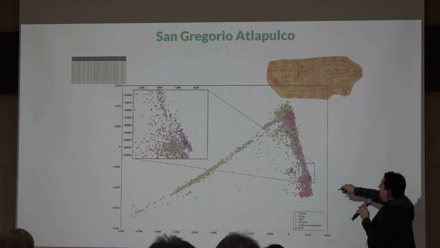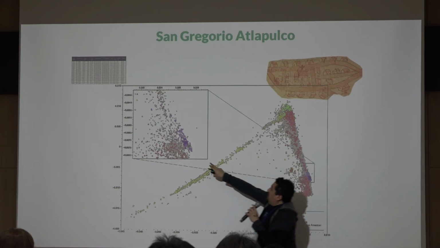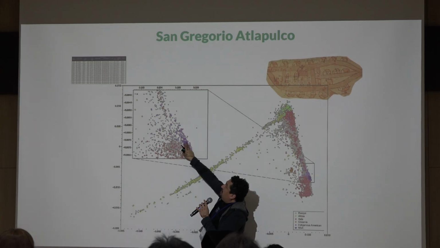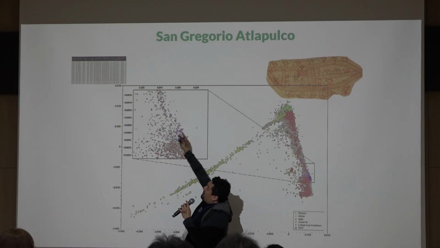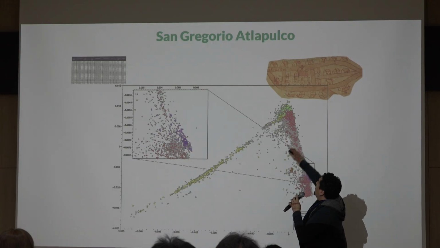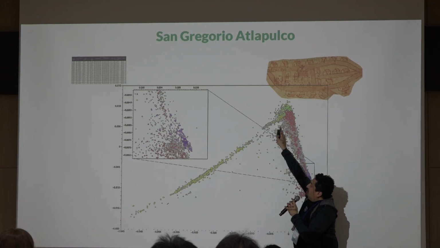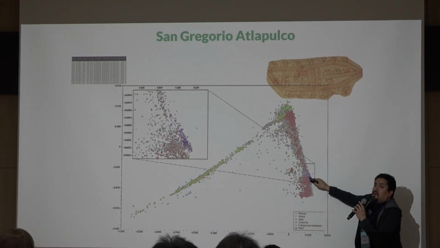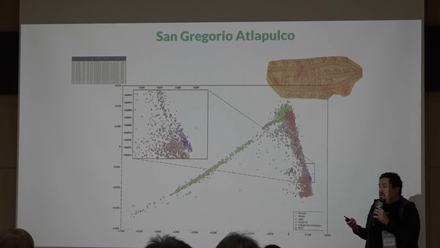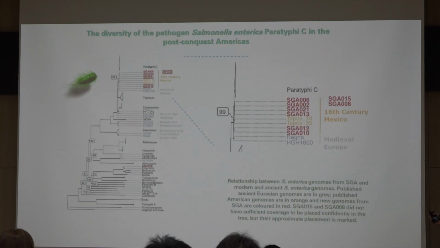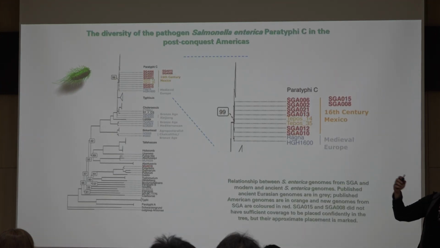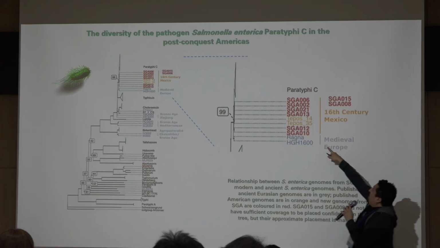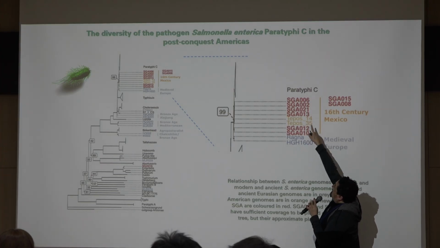This is the genetic makeup of these individuals. The little stars that we can see here are in the background of other Native American populations. Here in green we have Europe, and this is the African diversity, and we can see that they all cluster here, meaning they are all indigenous Americans. When we compare the genomes recovered from Tepozcolula, the first site, we can see that they are basically the same thing.